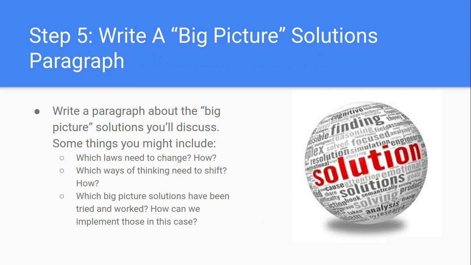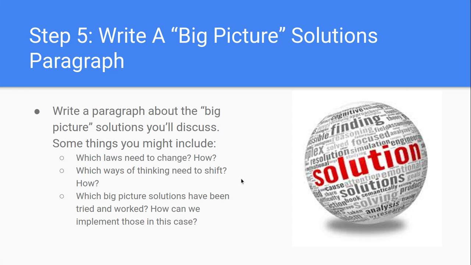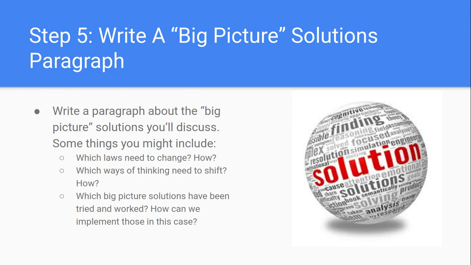If they did work, then maybe you plan on going into how we can take those ideas and put them into place or into practice somewhere else. So these are just some places that you might go with this section. But certainly if you have your own ideas, that's what needs to be in there as well. So one paragraph giving me sort of a general overview of what that section of your paper is going to address.